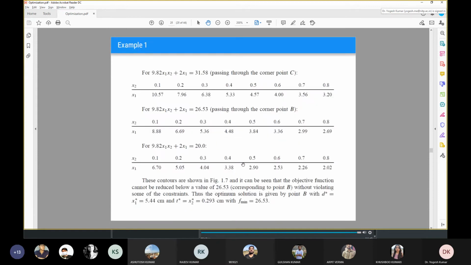From today onward, or maybe tomorrow also, I will take one more example. Maybe today also, if I get time, I will take one more example in order to demonstrate the different types of optimization problems. If there is no doubt on the discussion till now, then I can move forward. Khushbu or any other student?